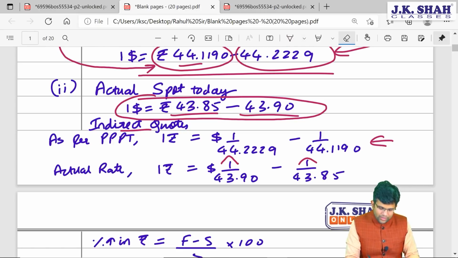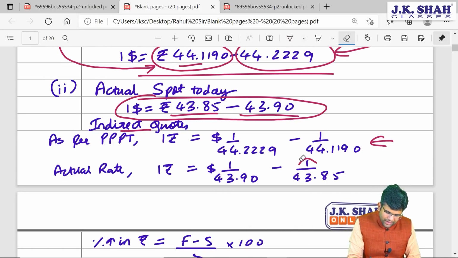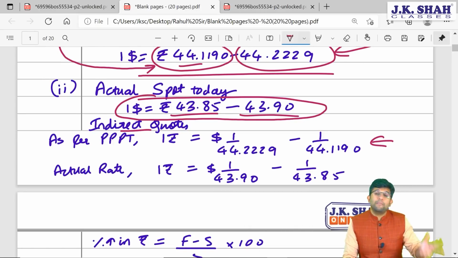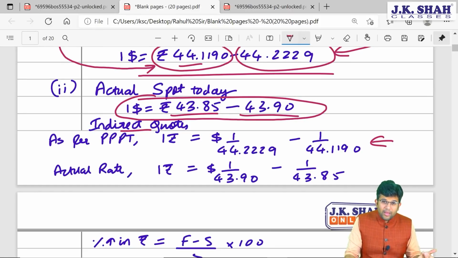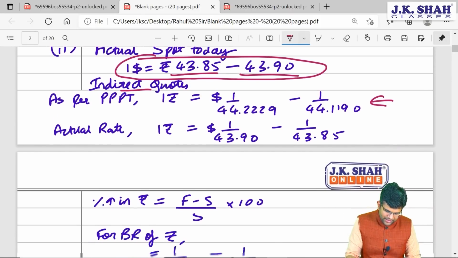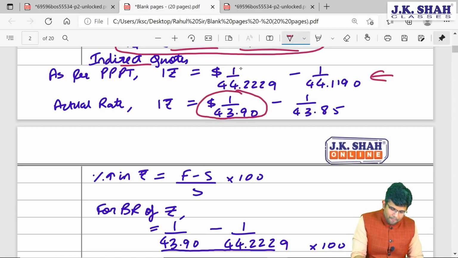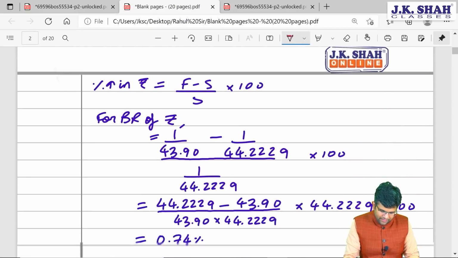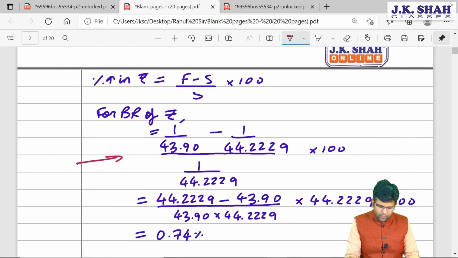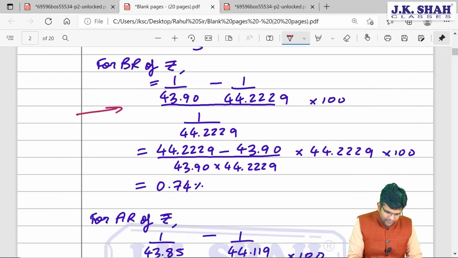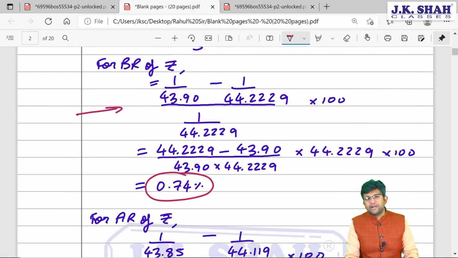Yes. So now we have to realize how much has rupee appreciated as compared to the rate which PPPT is professing here, right? So children, as far as bid rate of rupee is concerned, can I say it is 1 upon 43.9 minus 1 upon 44.2229 divided by 1 upon 44.2229 into 100, we realize that rupee has slightly appreciated by 0.74%.